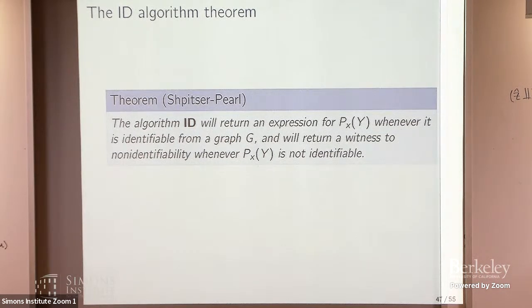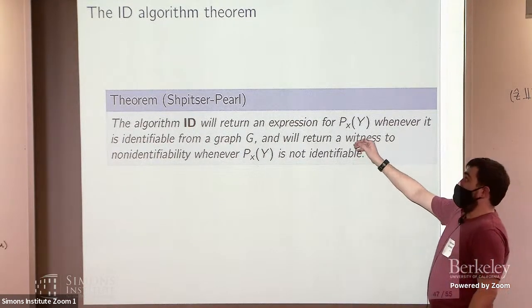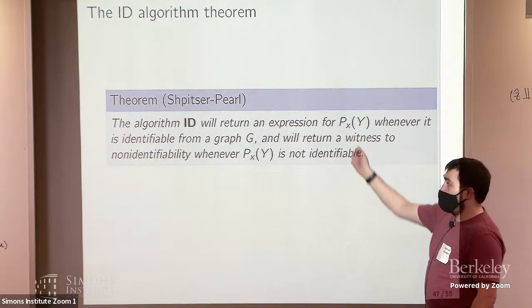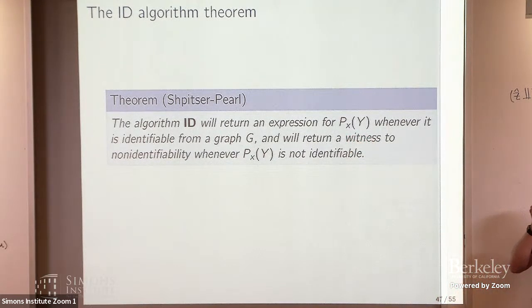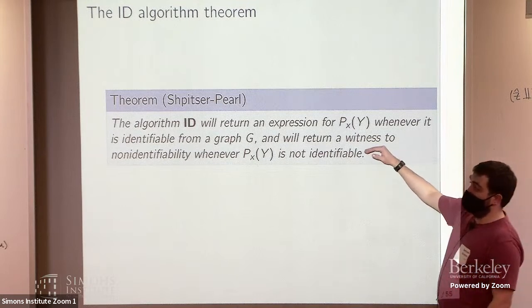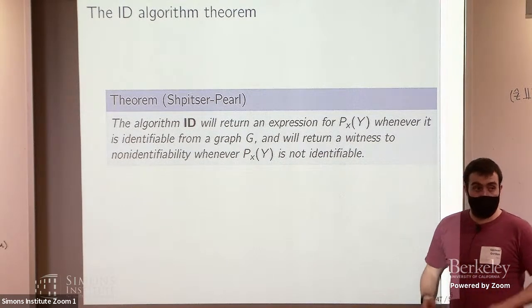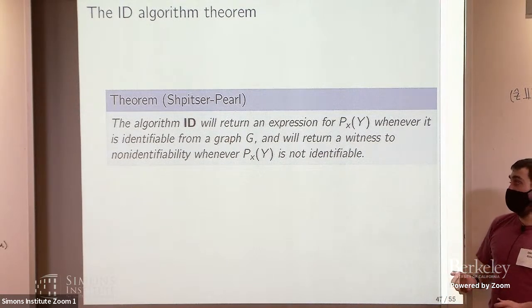If the interventional distribution for some given target variables to intervene on and effect variables to look at is identifiable, it will return an expression for P of Y when you intervene on X. And if it's not identifiable, it will return a witness to non-identifiability, a concrete proof that it's not identifiable, in a form to be described in a minute.